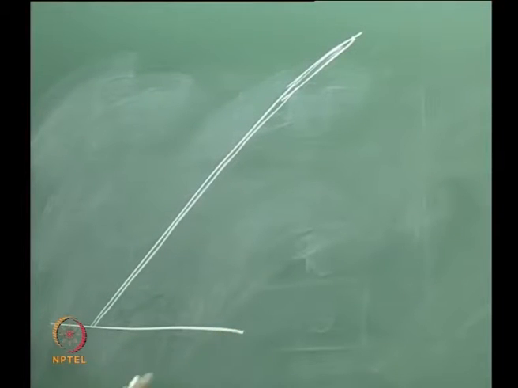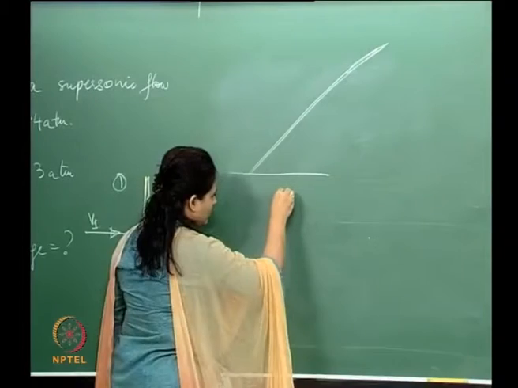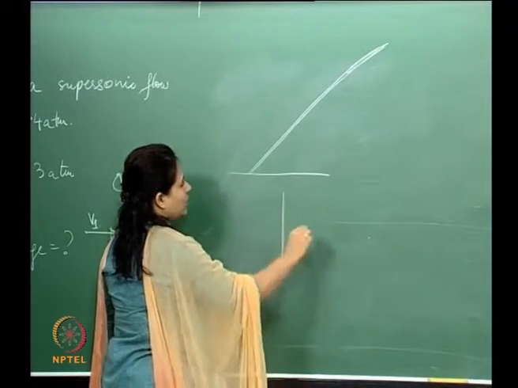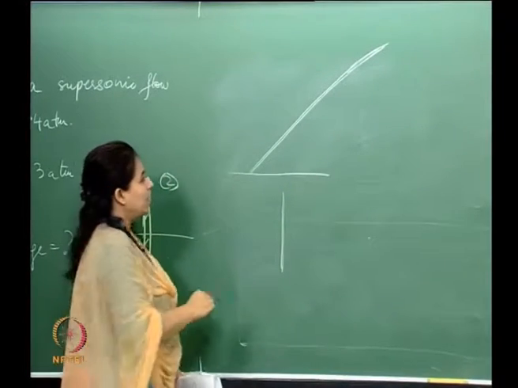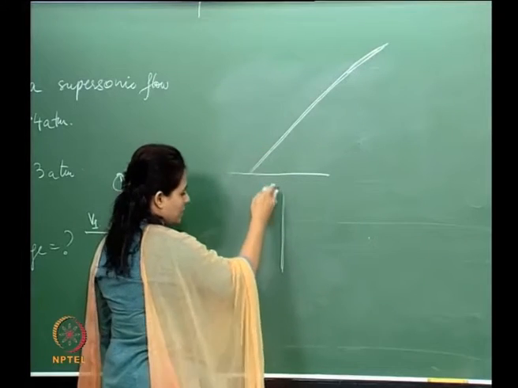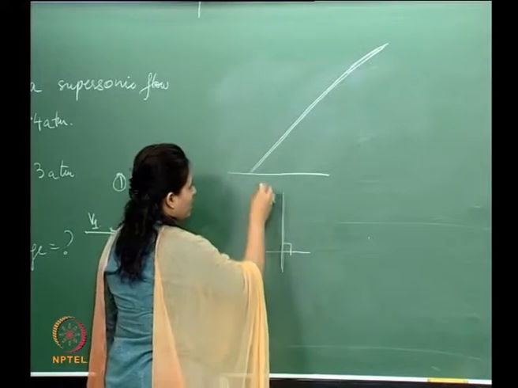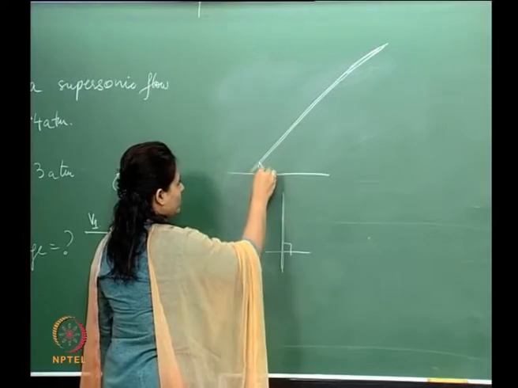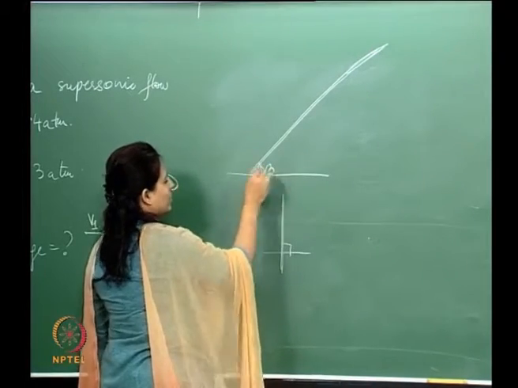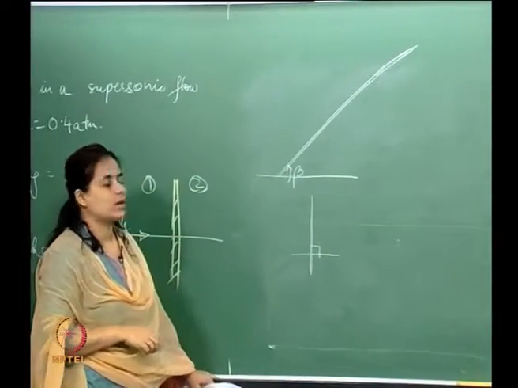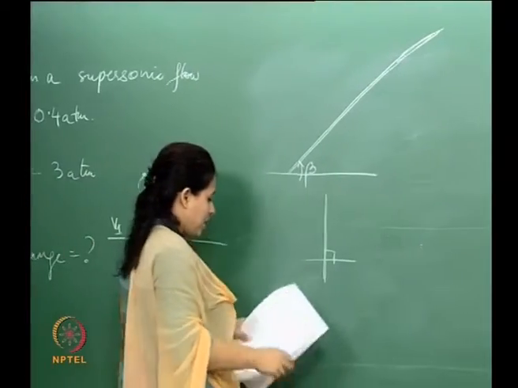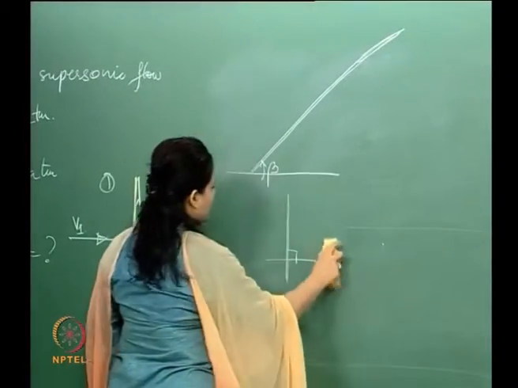So what we have seen in the corresponding normal shock is this small region across which properties are changing. Now what we will consider is that this is not perpendicular, but is inclined to the horizontal at some angle, say beta.